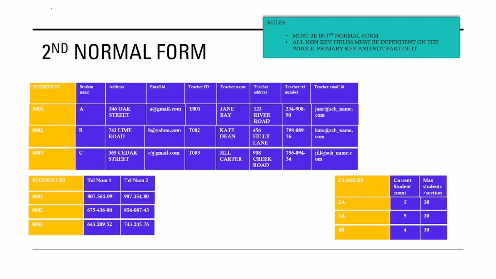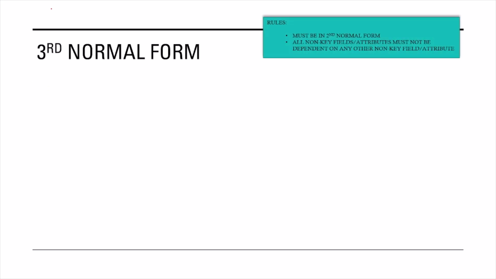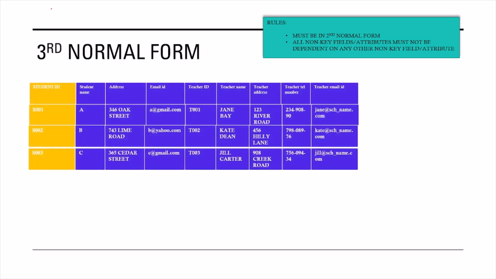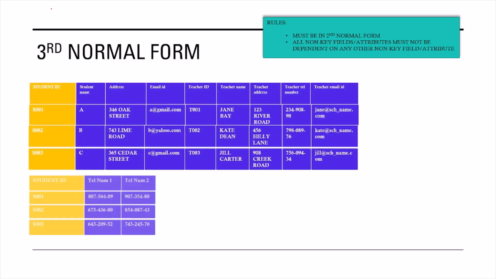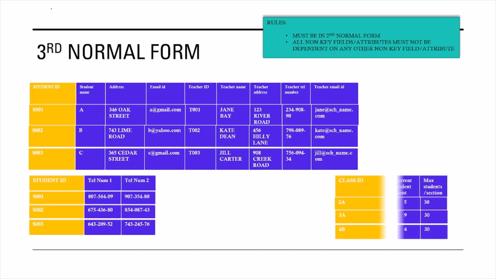Let's take this table forward now to its third normal form, and looking at the rules, the data must be in second normal form. All non-key fields or attributes must not be dependent on any other non-key field or attribute. And so again, looking at the student table, the telephone table, and the year details table, we can say that the telephone table and the year details or the class details table are already in third normal form.